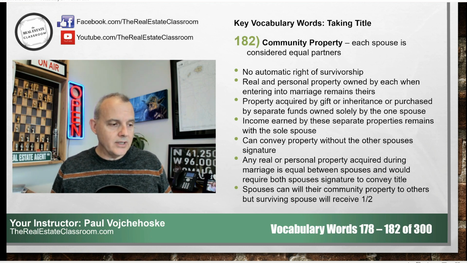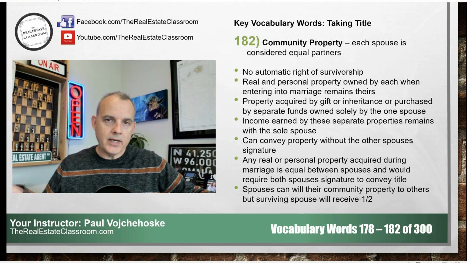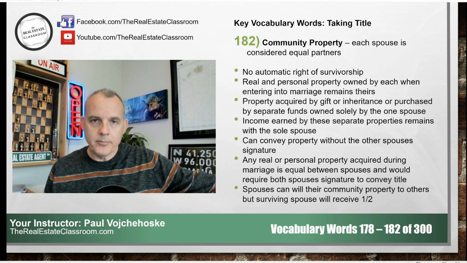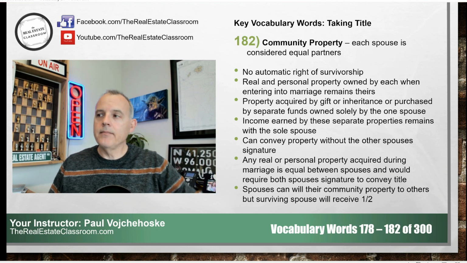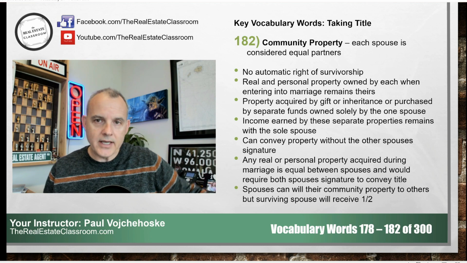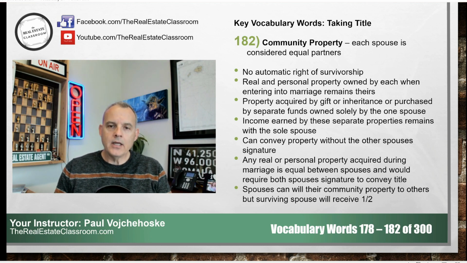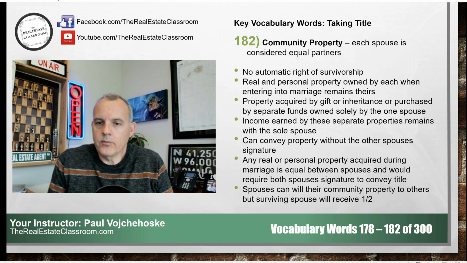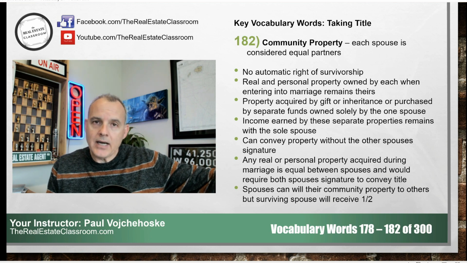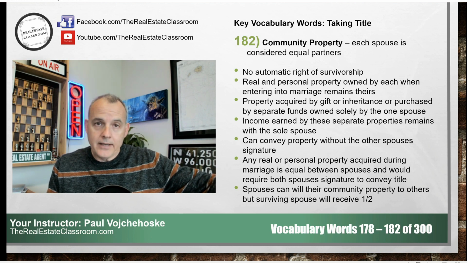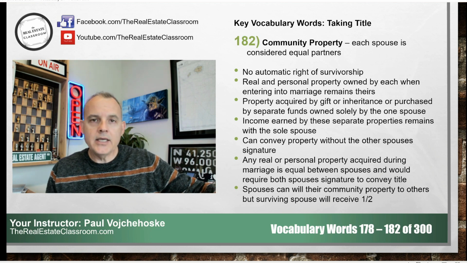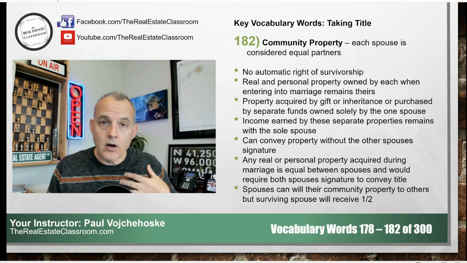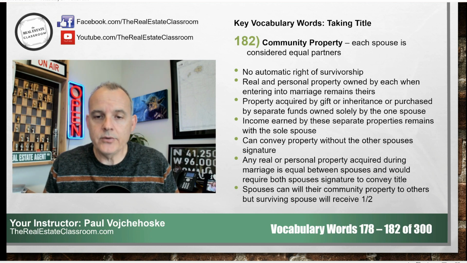Also, let's say that I had a separate bank account when my wife and I got married, and then I go out and I buy a piece of property using just those funds. Again, my spouse does not have a claim to that under community property. The next bullet point, income earned by those separate properties remains with the sole spouse. Again, I go out and I buy property with my money that's not commingled with my spouse's. Therefore, any monies or income that property generates is all mine and my spouse doesn't have a claim to it.